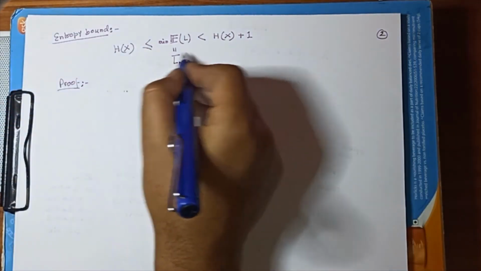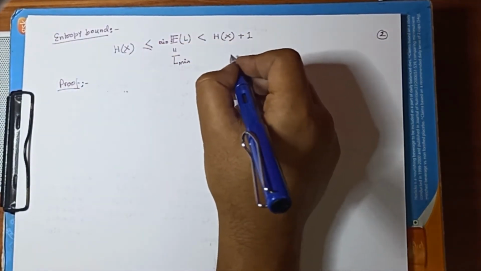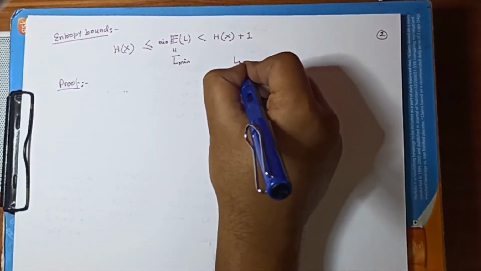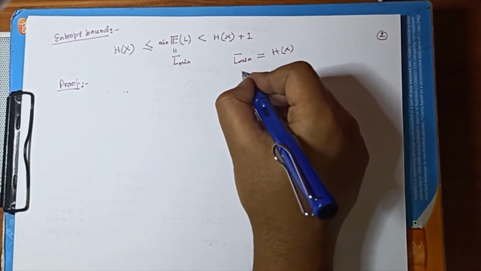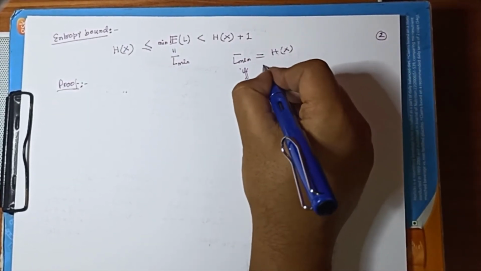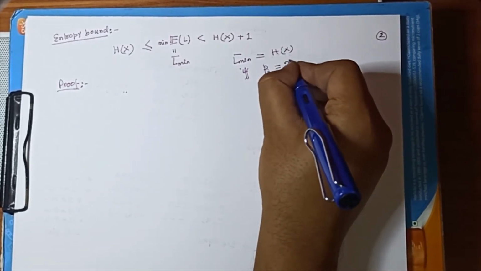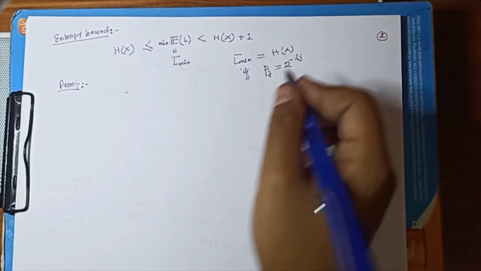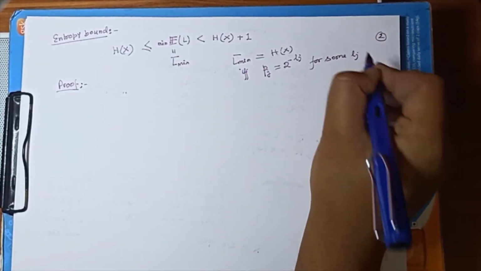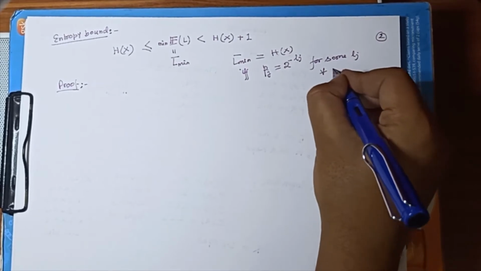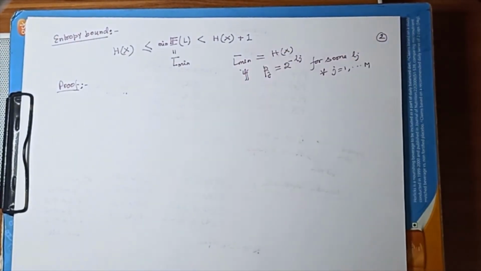This L mean will be equal to Hx only if every probability Pj has the form 2 to the power minus Lj for some integral value of Lj, and this should be true for all j equal to 1 to m. Only then is this equality satisfied.